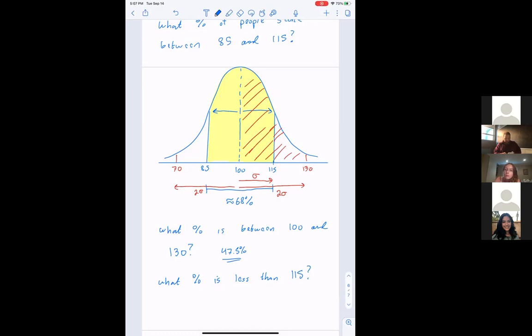So hold on. No, that is not correct. 81 is not correct. So 88.5, not correct.